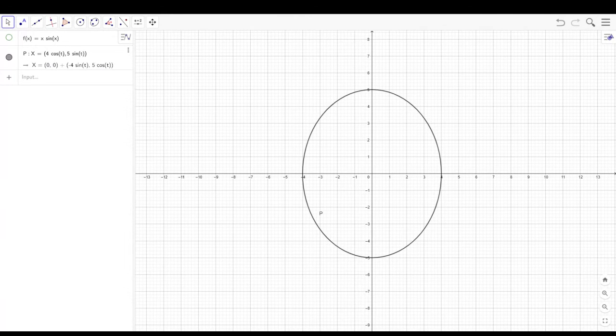Okay. So one of the questions here is, what does T represent? Can anyone suggest what T might represent in this picture? Tom says the angle. Can you be a bit more precise, Tom? I think you're on the right track. Which angle?